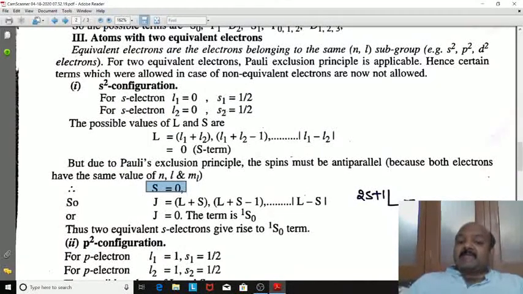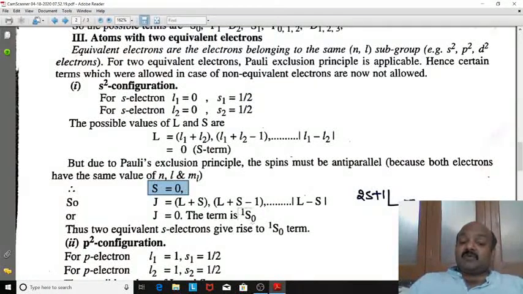But as they are in the same orbital, one electron will be in spin up state and the other in spin down state, anti-parallel. When they are anti-parallel, spins get cancelled, so S will be 0 here. S equal to 1 is not an allowed state. So we have L value 0, S value 0, so J value will be 0.